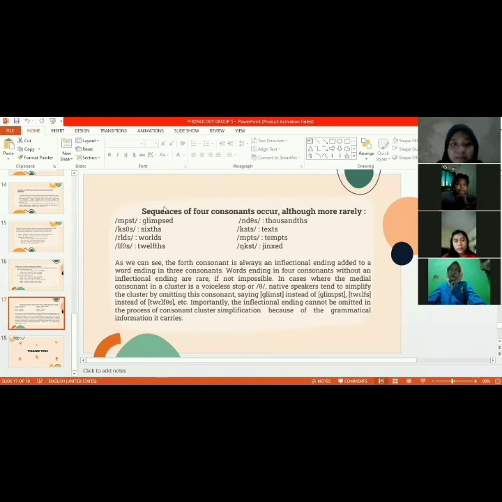So in cases where the medial consonant in the cluster is a voiceless stop, this is T, the pronounced T, guys. So four consonants at the end of words are rare in English, but in other languages, they are often used.